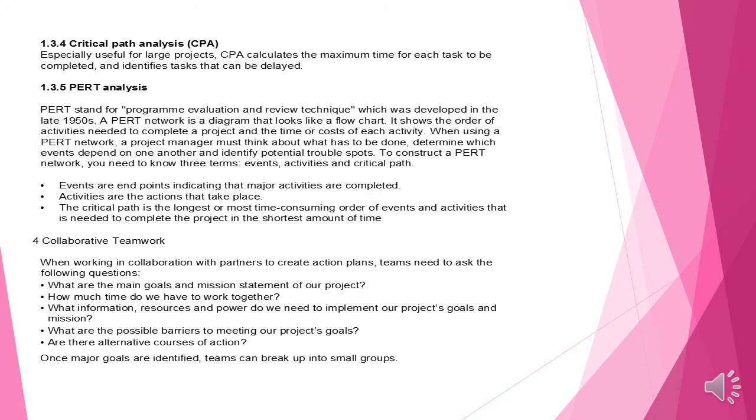What are the possible barriers to meeting our project's goals? Are there alternative courses of action? Once major goals are identified, teams can break up into smaller groups. That is collaborative teamwork: questions that we must answer when we want to use it.